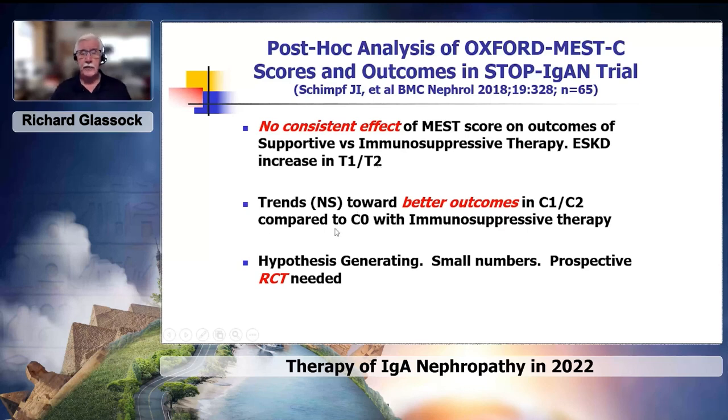And there were non-significant trends towards better outcomes in the C1 and C2 crescentic group compared to the C0 crescentic group with immunosuppressive therapy. But this is a hypothesis-generating trial, very small numbers, and a prospective trial is needed.